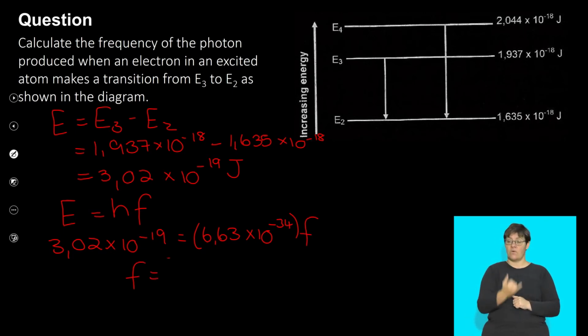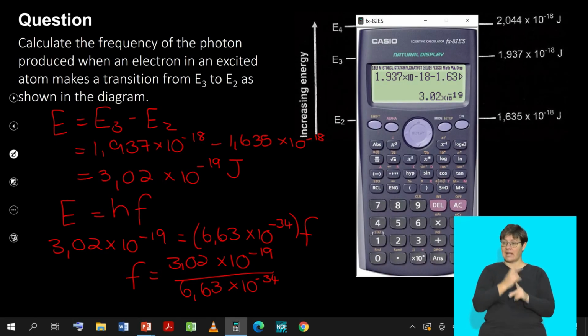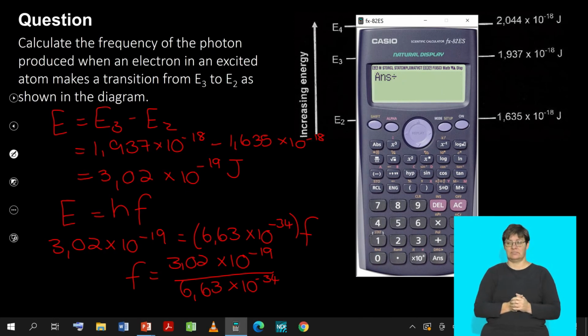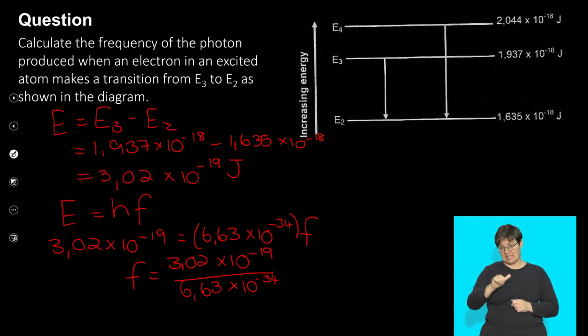So now we're going to have 3.02 times 10 to the minus 19 divided by 6.63 times 10 to the minus 34. And again, I still have that answer in my calculator, so I'm not going to have to type it in again. I'm going to divide by 6.63 times 10 to the minus 34, and I get 4.56.